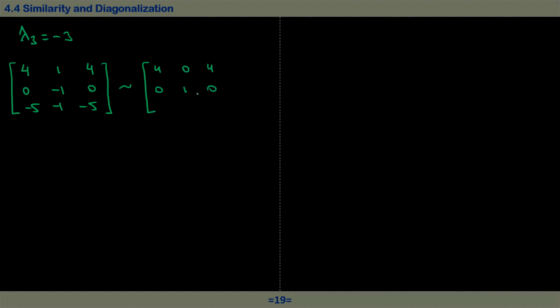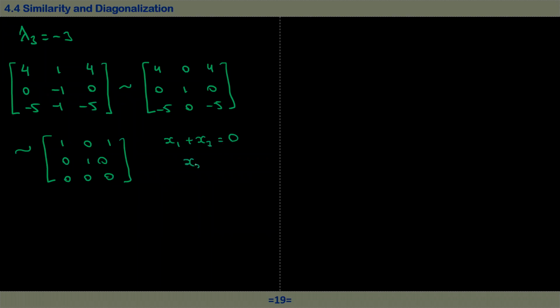I multiply the second row by negative 1, and also add it to the third row, and we have minus 5, 0, minus 5. Here we have 1, 0, 1, 0, 1, 0. And if you just multiply by 5 and add to the third line, here we have 0, 0, 0.